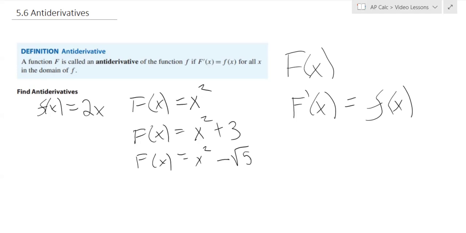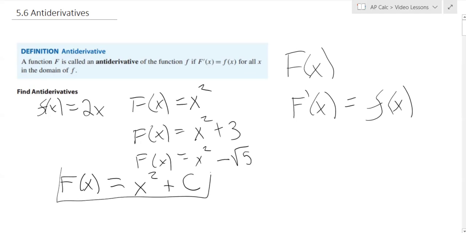So, in general, we can write the antiderivative capital F of x as x squared plus c, where c is a constant. So the antiderivative of 2x is capital F of x, and we write it as x squared plus c. There are no other antiderivatives besides the form x squared plus c.